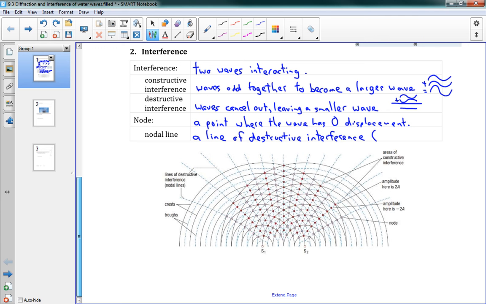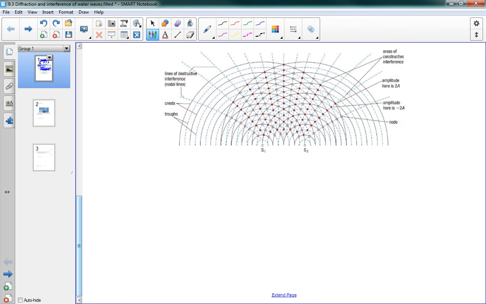And so along that line there's going to be zero displacement. If you look at the picture below, you can see what we're talking about. We have two sources of waves, S1 and S2, and you can see that the waves emit like circles from that source. That's always how our waves are going to look. The waves are always going to go out in circles from our sources.